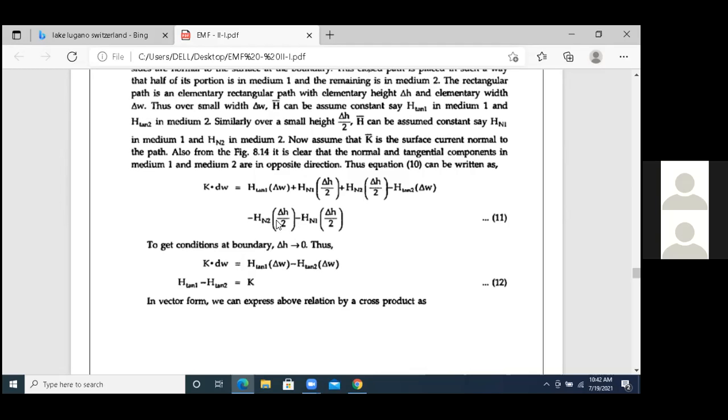Okay, let's just simplify. As we shrink it and delta H goes to 0, this goes, this goes, this goes, this goes. So we're just left with this and this.